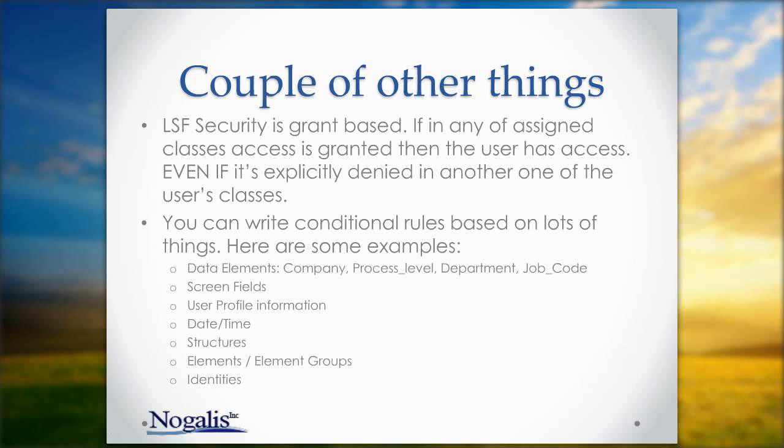Wrong. You still have complete access to HR 11 because it only looks to see if you have any access to that secured object, and if you do, it'll let you in. So keep that in mind. It's very easy to contradict your own rules by setting other rules.